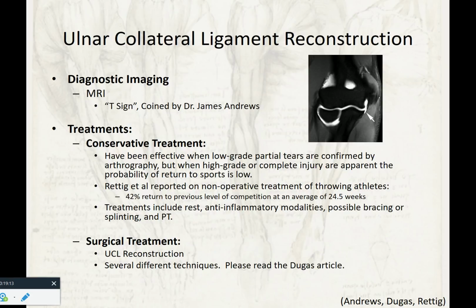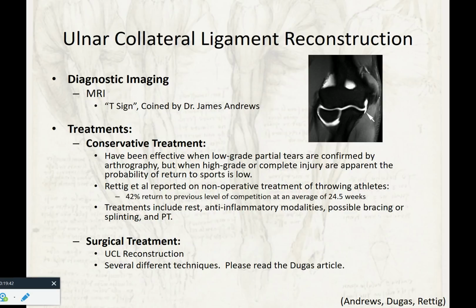And a repair is when they use your own tissue, or the tissue that was injured, and try to suture it together or repair that tissue. So typically what happens is they do a combination of both, where they'll try to salvage as much of the normal UCL as possible and then reconstruct it using a ligamentous autograft.